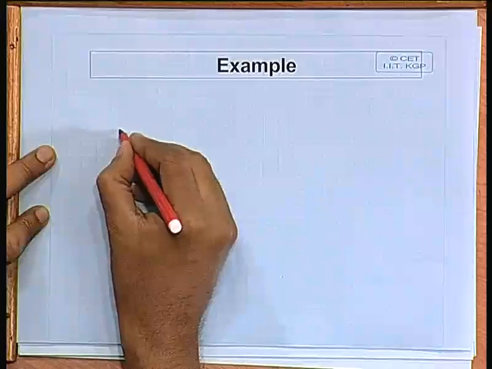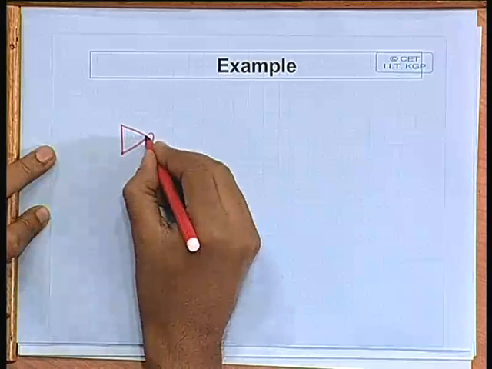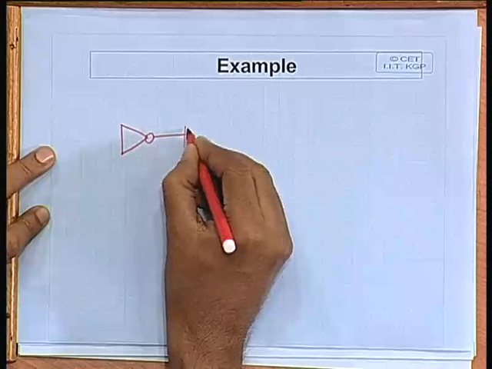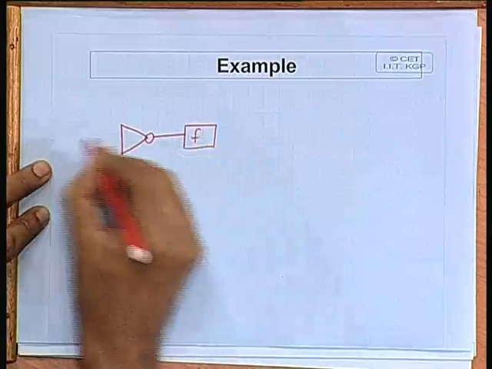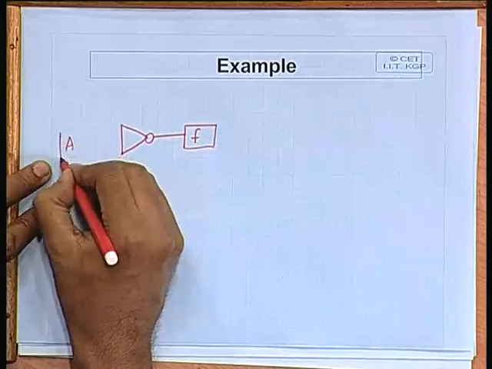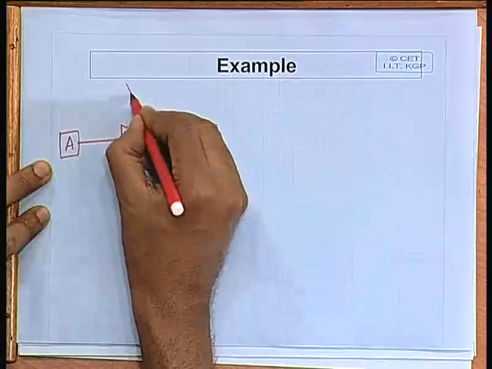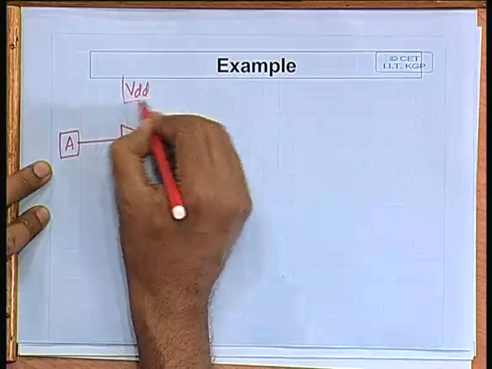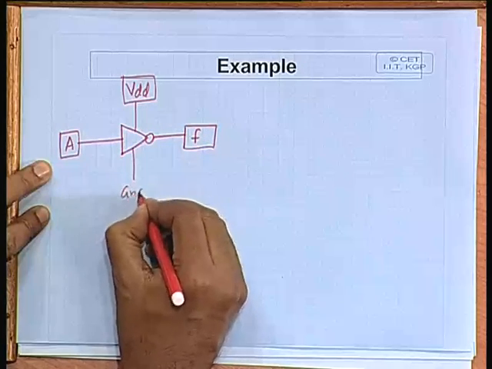Let us take a simple example to illustrate it. Suppose I have a problem like this, a simple inverter. These are the IO pins or IO pads, whatever you call. A is the input, F is the output, VDD is the power and ground.